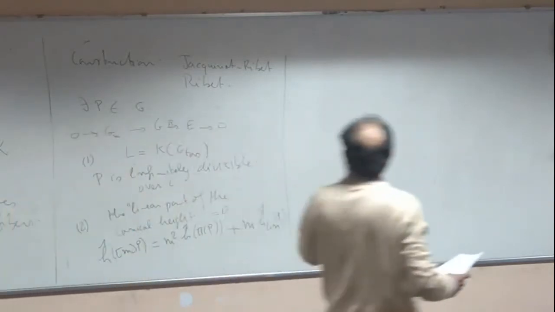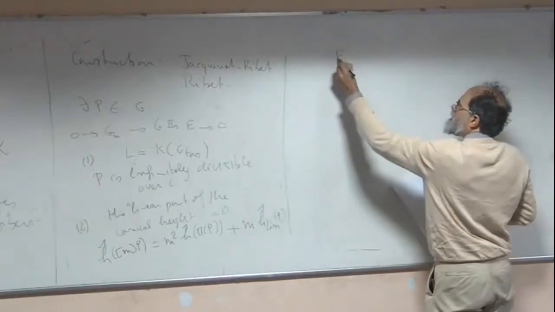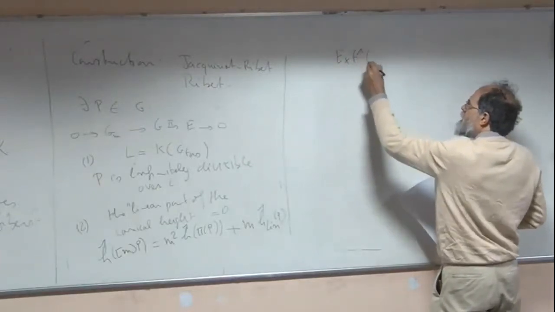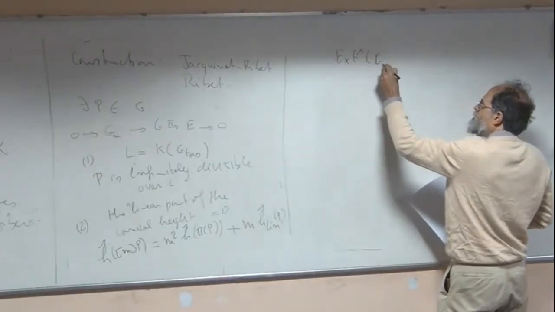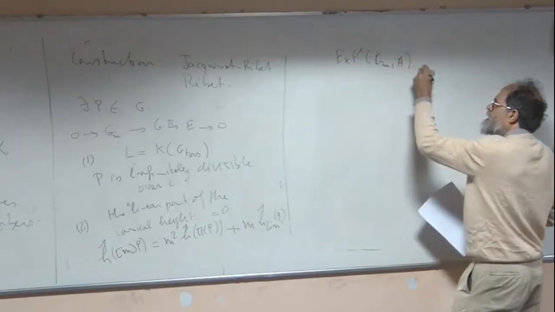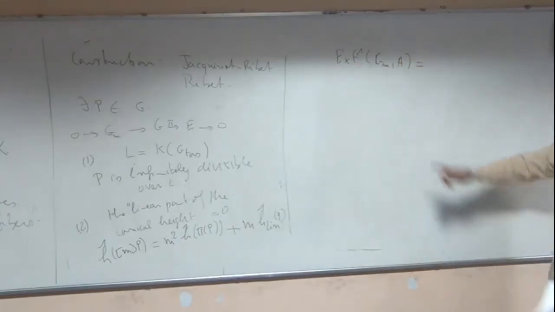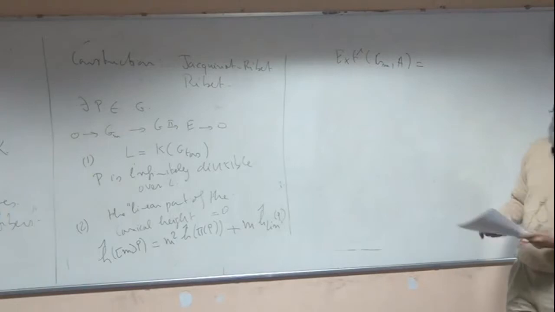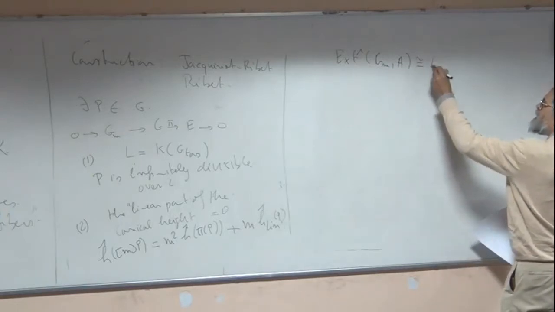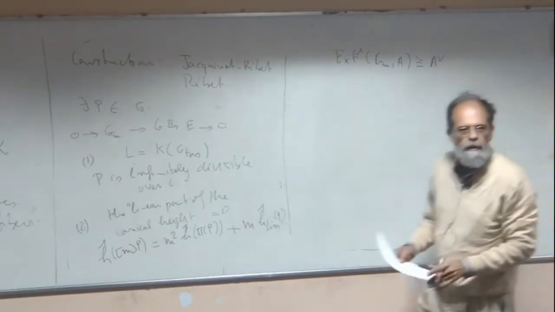So the first thing that I need to know is that if I look at an abelian variety and I look at the possible extensions by G_m, this is isomorphic to the dual. Okay?